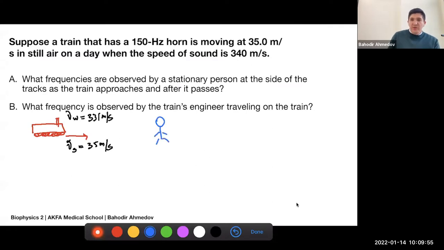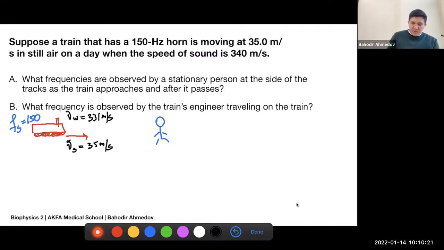Do you remember, the frequency basically defines the tone of the sound, right? So this horn of the train may have different tones. Let's assume that the frequency of the source is about 150 hertz, and I would like to understand what the frequency of the sound is going to be that I hear if the train is moving towards me.